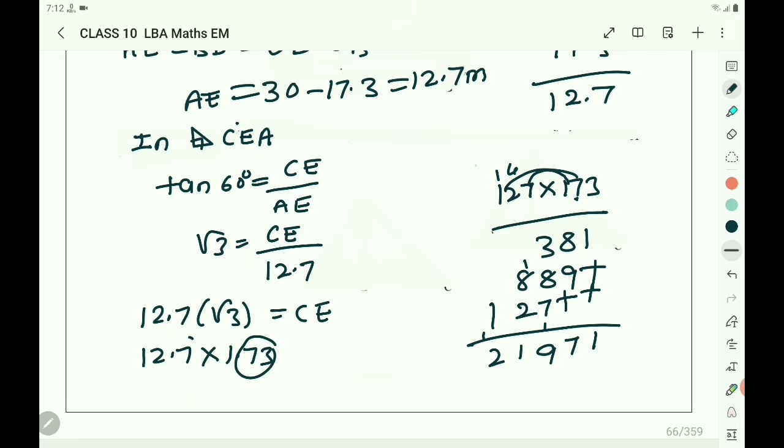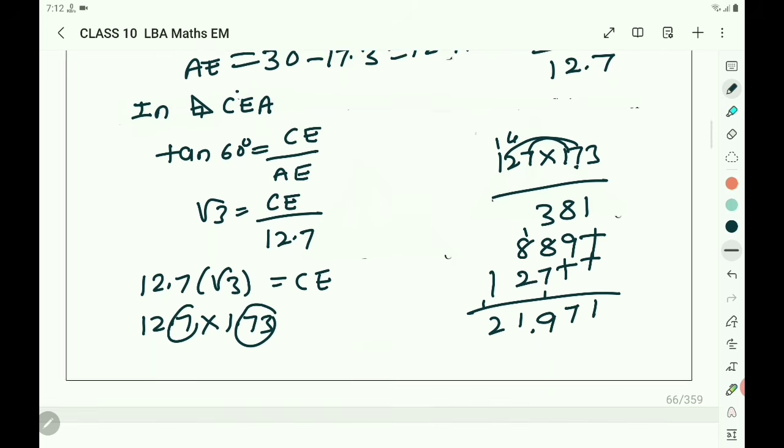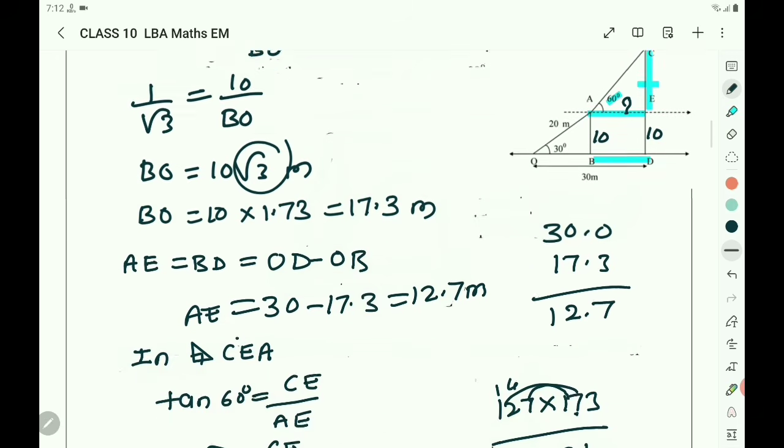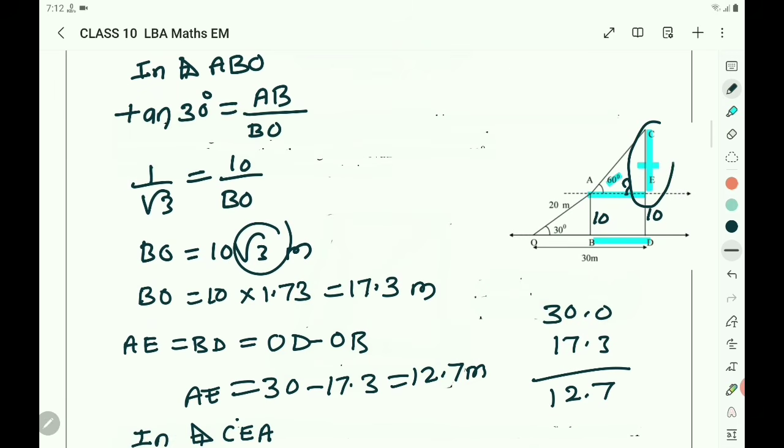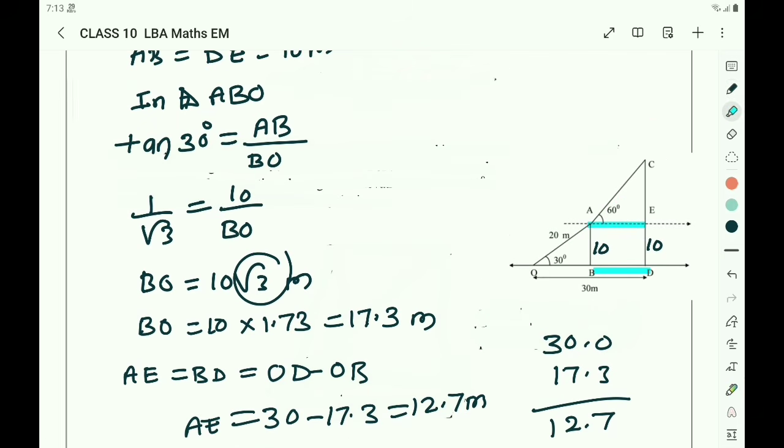Decimal point must be after 3 digits. So you got 21.971 meter. That is CE you got.